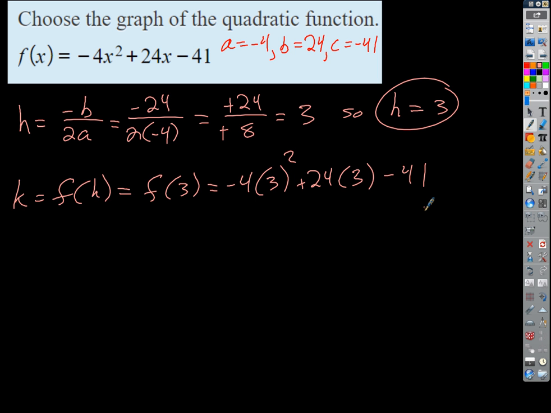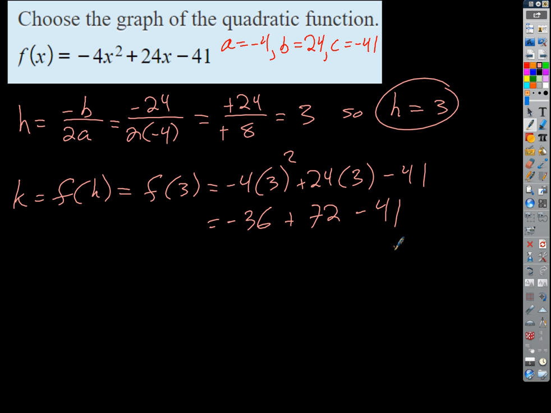Okay, so let's go through and get numbers. What's 3 squared? 9. 9 times -4? -36. 24 times 3? 60 plus 12. So what is that? 72. Okay, good. So plus 72 minus 41. So -36 and -41 is what? -77.